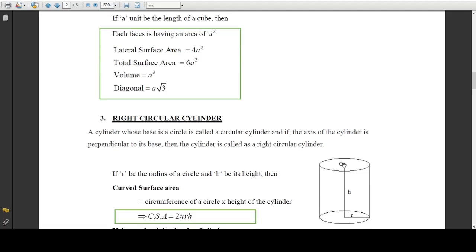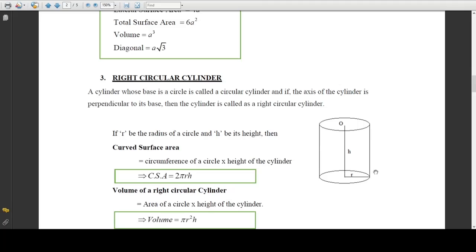This means the height of the cylinder is perpendicular to the base. The base of a circular cylinder is a circle, and on the top also there is one circle. This means it is bounded by 2 circles at the top and the bottom.